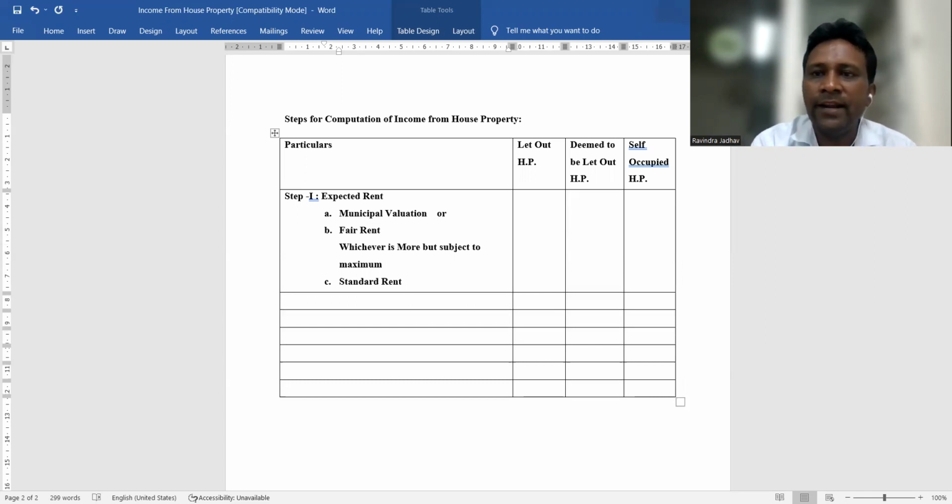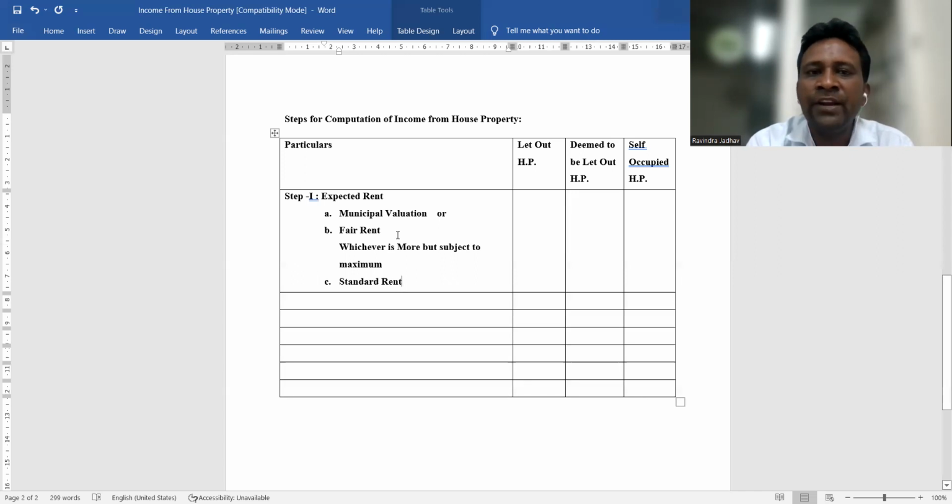and C standard rent, and we need to compare all these three figures, and after comparing by proper formula, we have to calculate expected rent. Okay, so what is the formula?